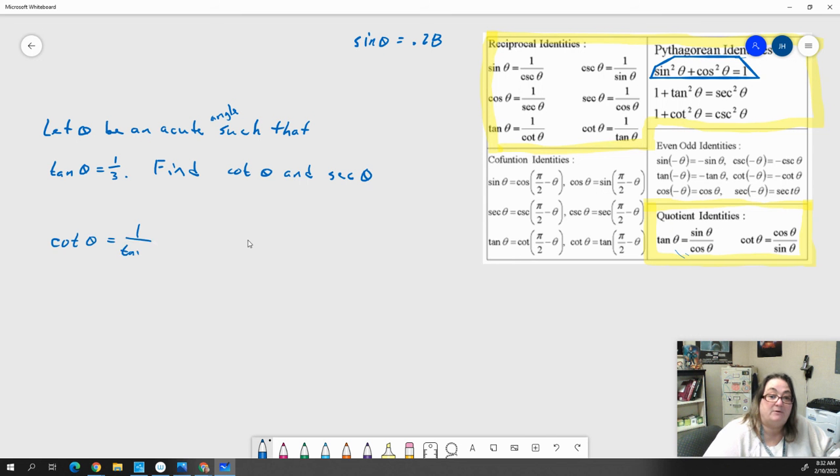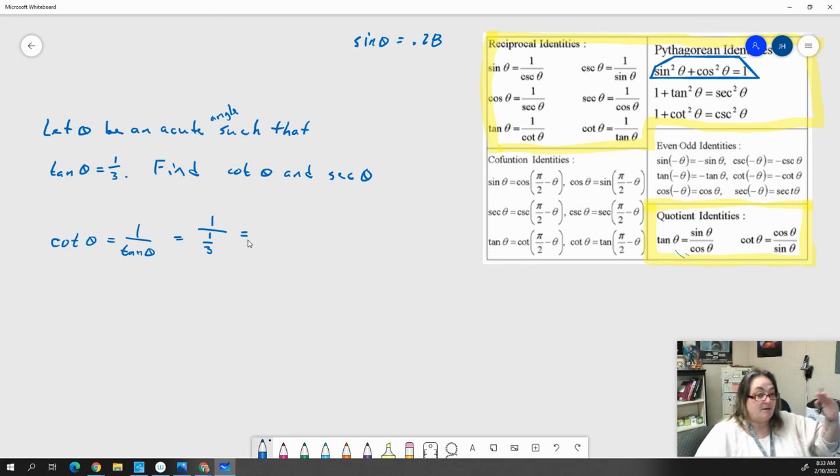And we know tangent of theta equals 1/3, so can't I just say this is 1 over 1/3? Wherever the tangent is, I can put in 1/3.